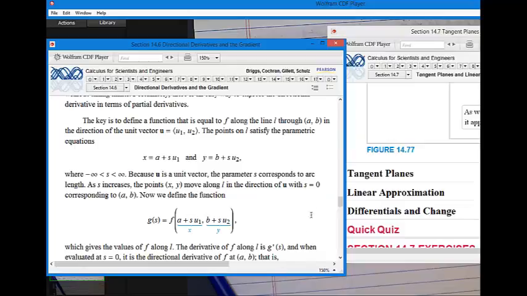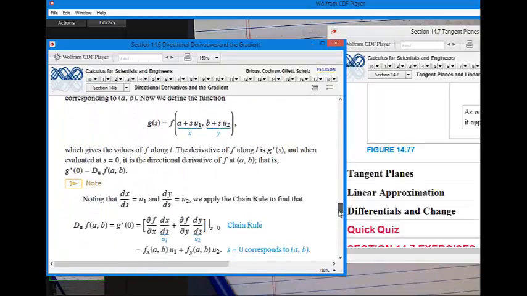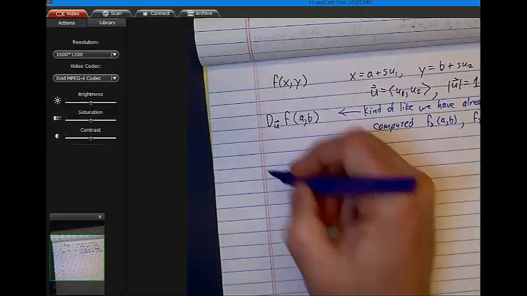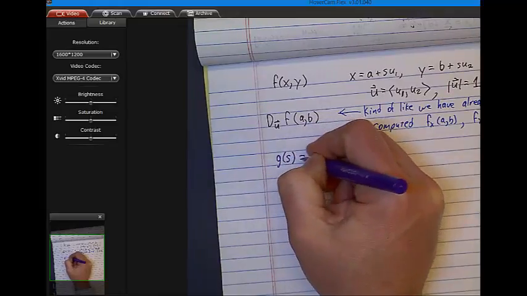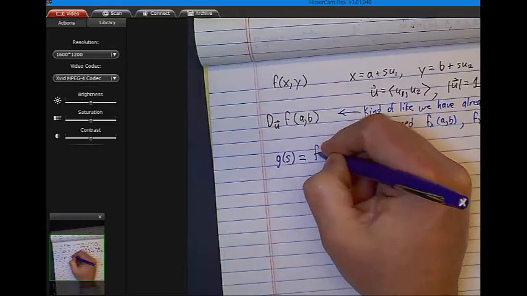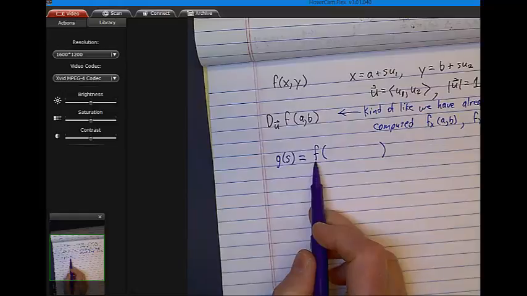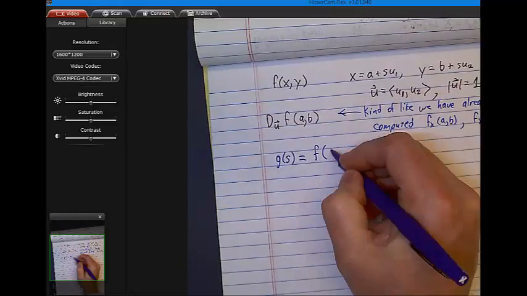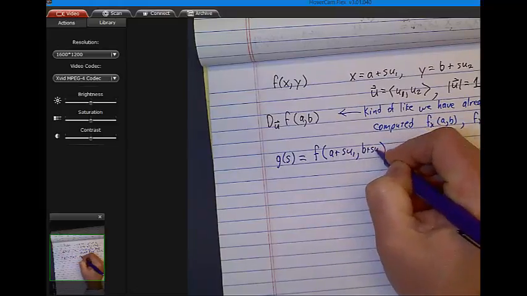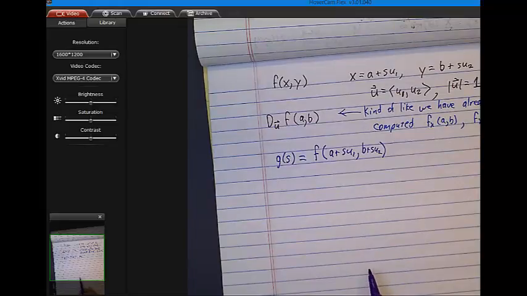So we want to compute derivatives, so we're going to do the chain rule. Here we go. They say, let's define the function g of s. Okay? And g of s is going to be what you get when you take f and you throw in a plus s u1 and b plus s u2.